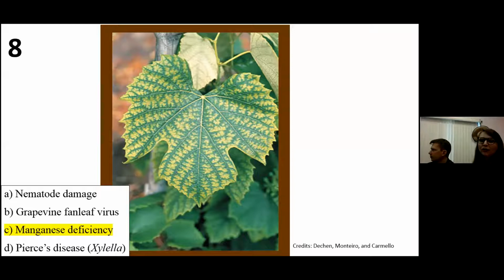But what I wanted to note here is that it's very symmetric. If we had a virus symptom, it would be more asymmetric. In this case, it's very symmetric. So you have the central nerves very green, and just yellow in between the leaf nerves. So this is a manganese deficiency.